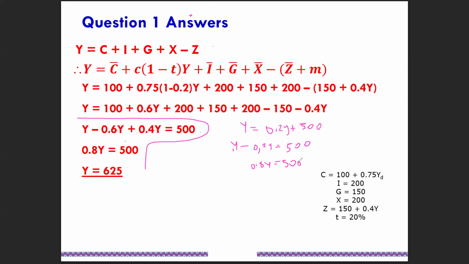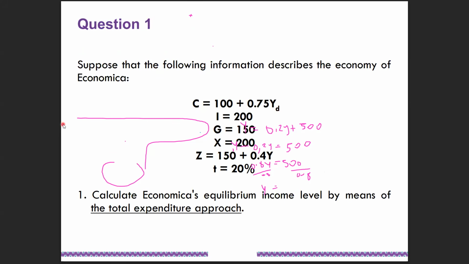Then you're going to divide by 0.8 on both sides. And then you're going to get Y equal to 625. All right, yeah, we just had to do that.